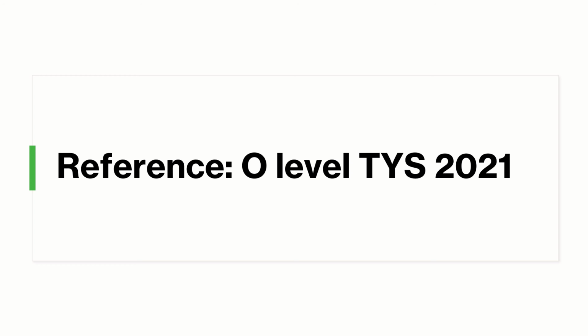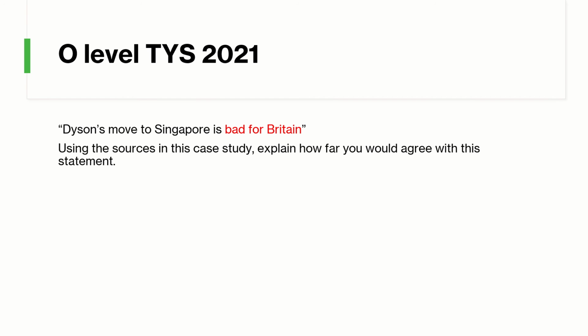We are going to show just a sample of how ideally we want you to do this. The reference here is the O-Level 10-year series 2021, because I'm assuming that at this point, if you're watching this, most of you are students taking your O-Levels. The statement in the question is Dyson's move to Singapore is bad for Britain.